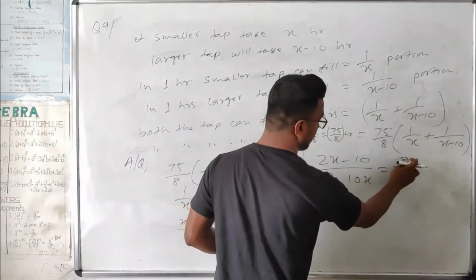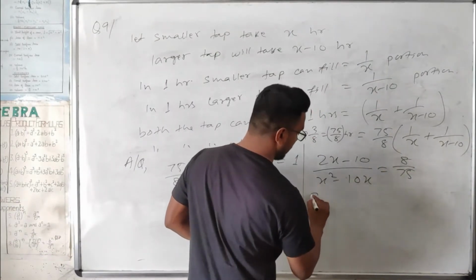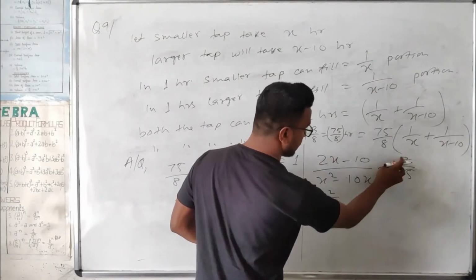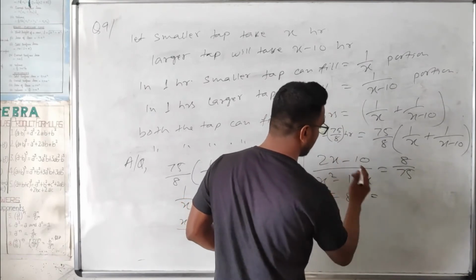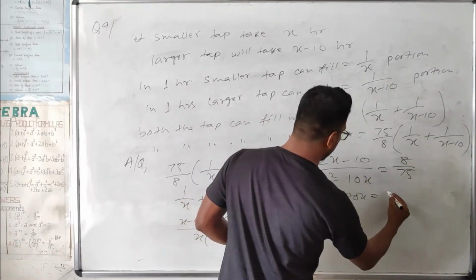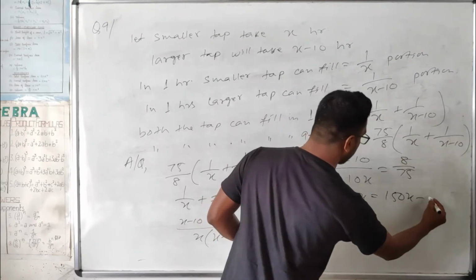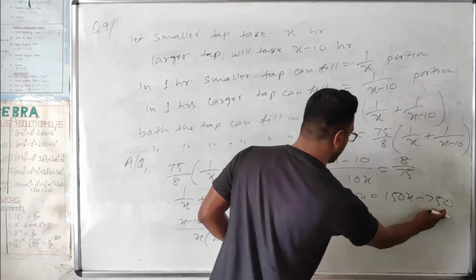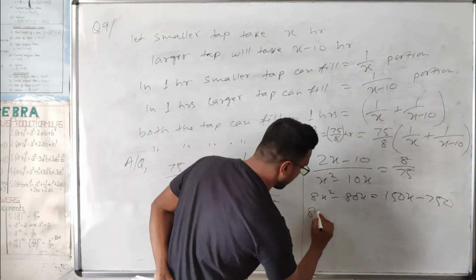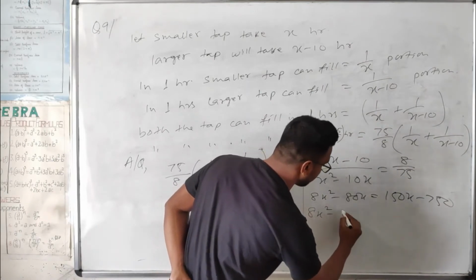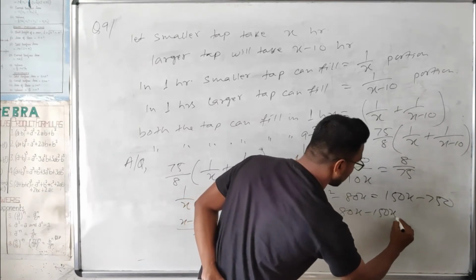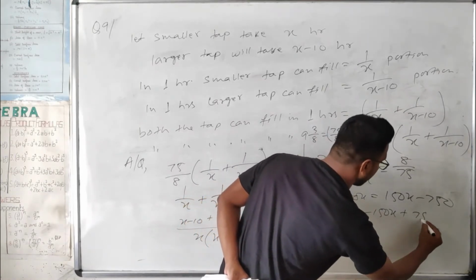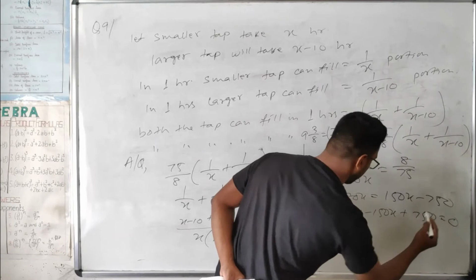This will become 8x square minus 8 into 10, it will be 80x, and if you multiply this one, this will become 150x minus 750. So if you bring it to the other side, it will become 8x square minus 80x minus 150x plus 750 equals 0.